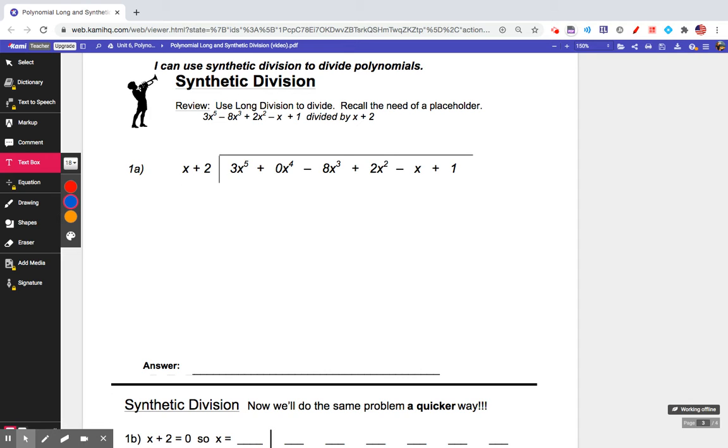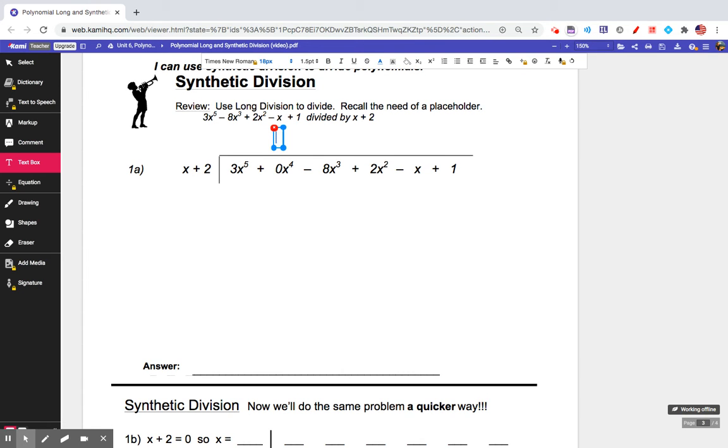And remember, when we divide, we're really only looking at the x term, and we say x times what is 3x to the 5th. So I'll use my text box, and I know x times 3x to the 4th is 3x to the 5th. And I'm going to write that term above the x to the 4th term.